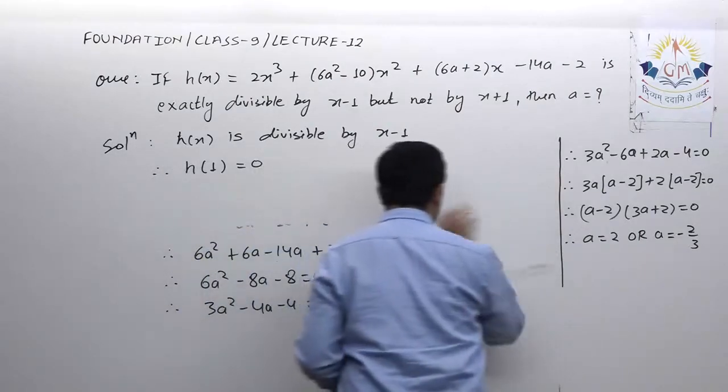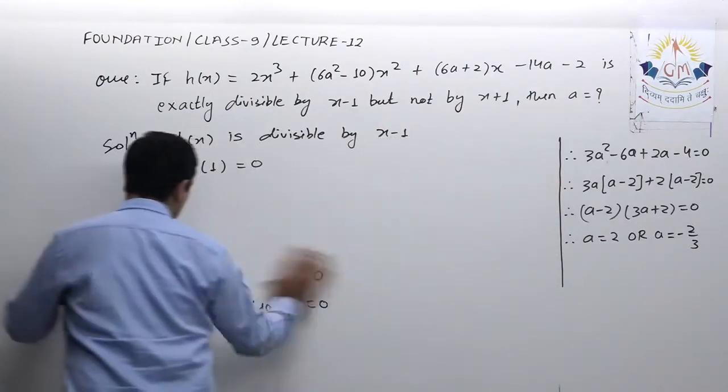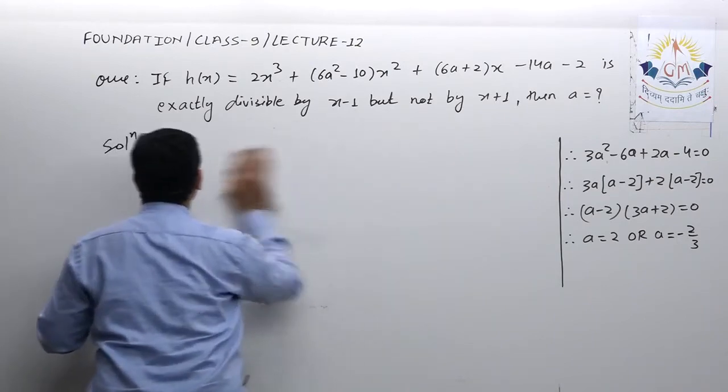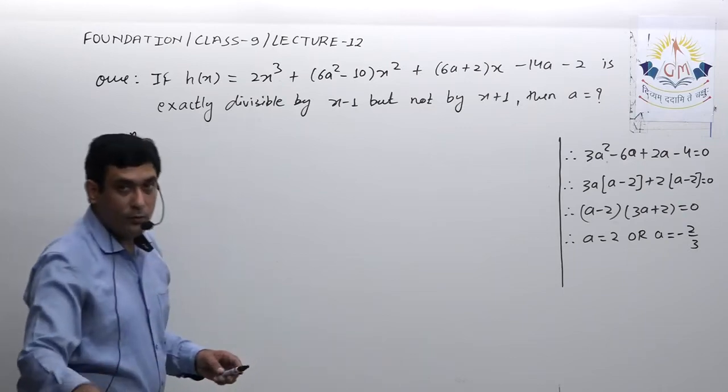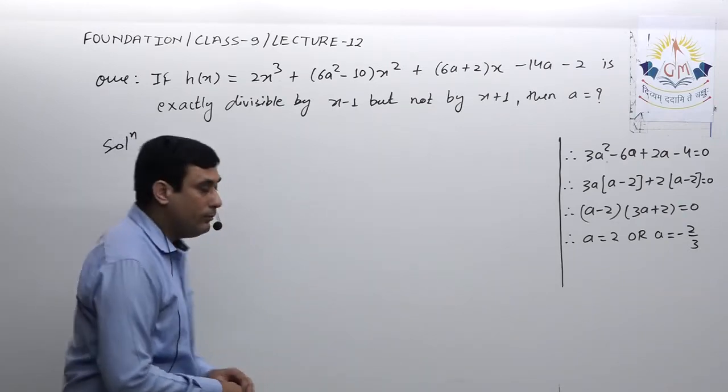So first of all we'll find the polynomial with these two values. Now we'll find the polynomial h(x) for a equal to 2 as well as for a equal to minus 2 by 3.